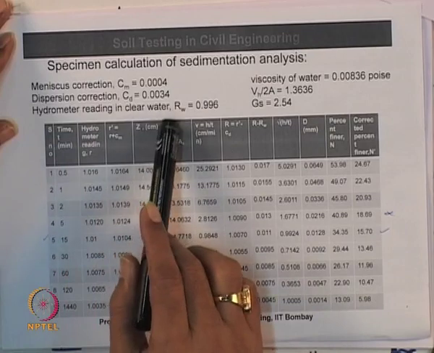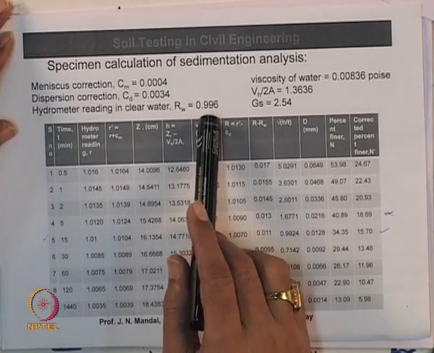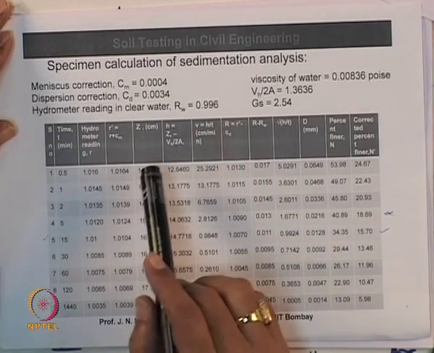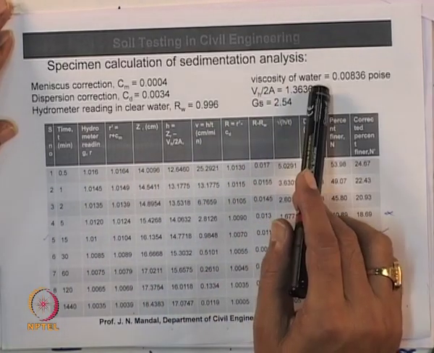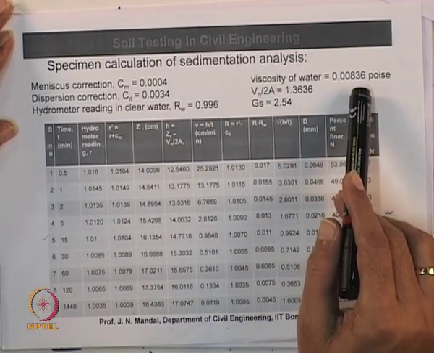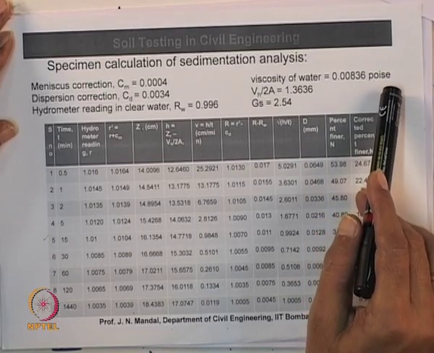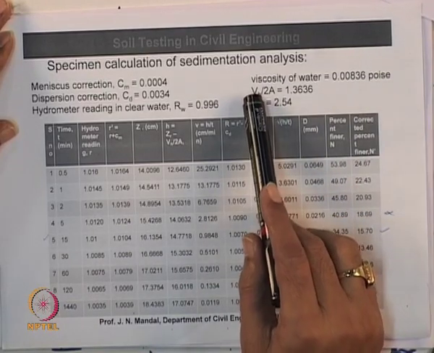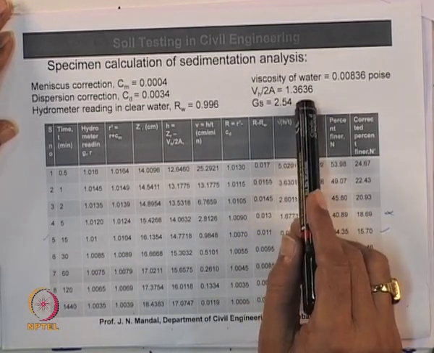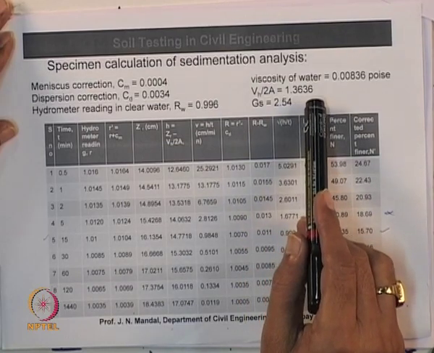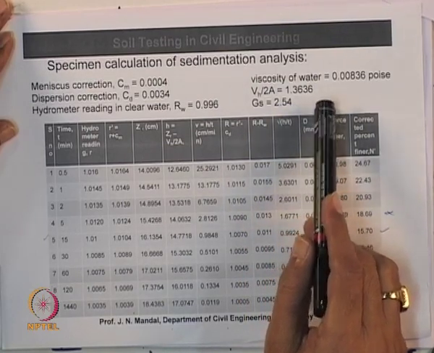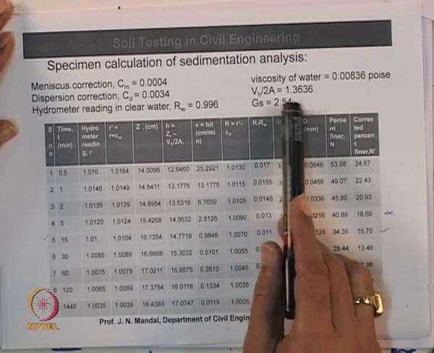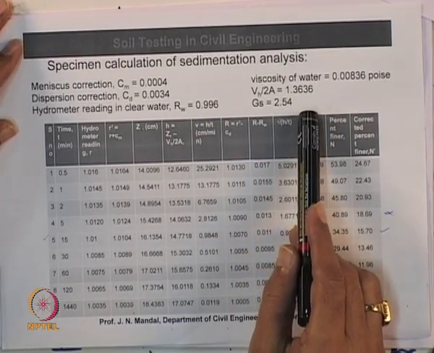The hydrometer reading in clear water Rw is 0.996, the viscosity of water is 0.00836 poise, and the value of H by 2A is equal to 1.3636, and the specific gravity Gs is equal to 2.54.